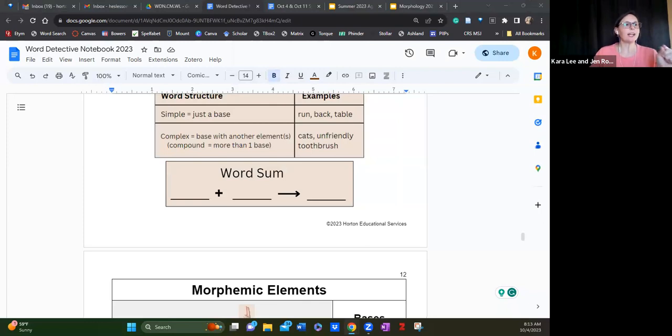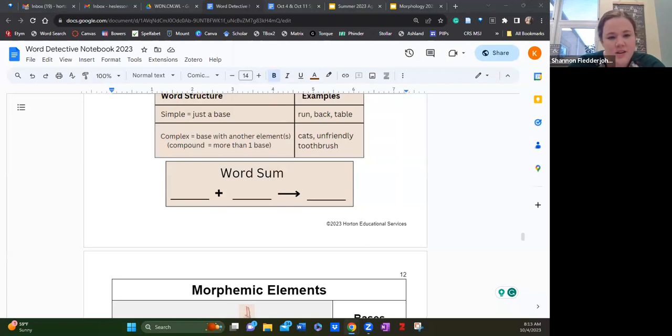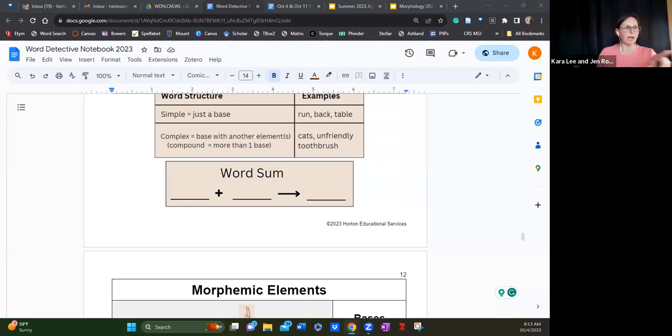And you can see that it's kind of like a math problem, right? You see a plus sign and you see some lines. What's different about a word sum than a math problem? What do you see that's different? There's no equal sign, it's an arrow. Awesome. I see, instead of an equal sign, I see an arrow. That's right. That's how this is different.